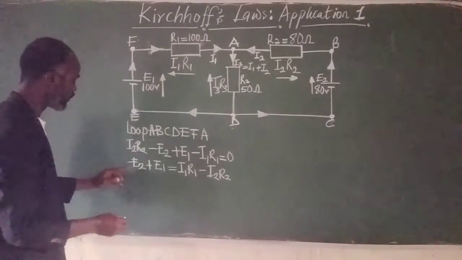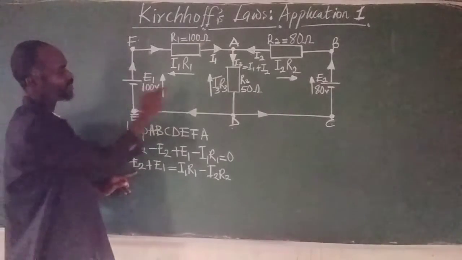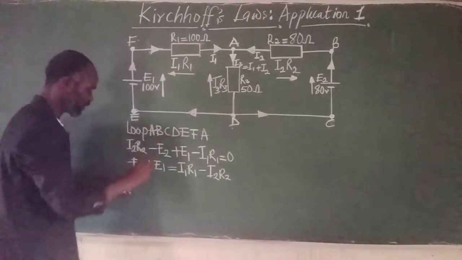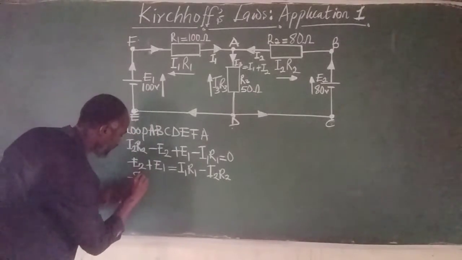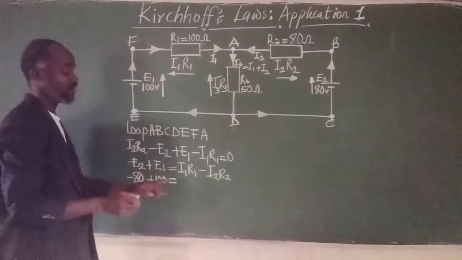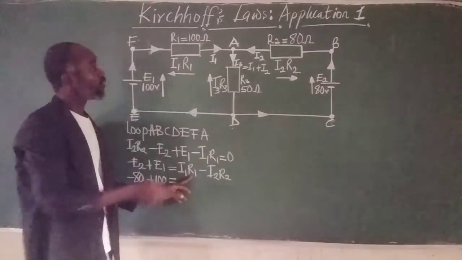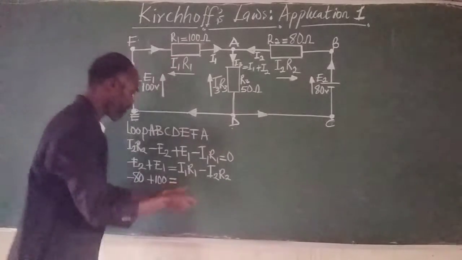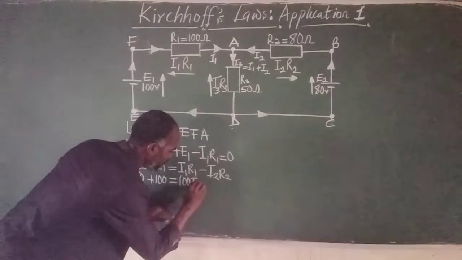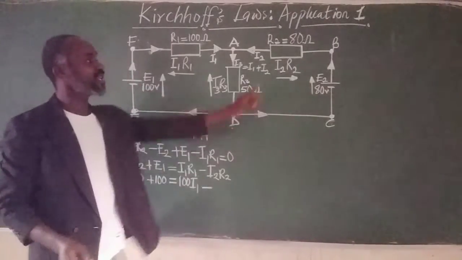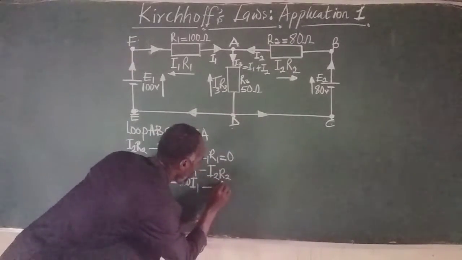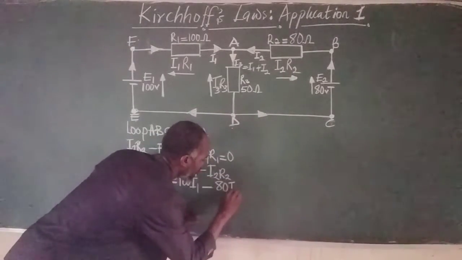Quickly we substitute. EMF 2 is 80 volts, and EMF 1 is 100 volts. We have minus 80 volts plus 100 volts, all equal to the resistance from resistor 1, which is 100 ohms, times current 1, minus the resistance from resistor 2, which is 80 ohms, times current 2.